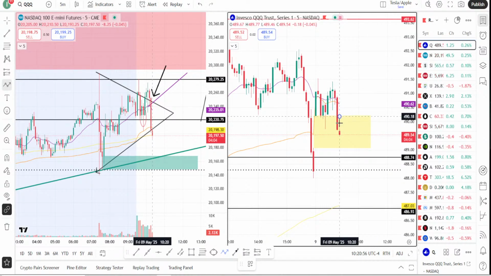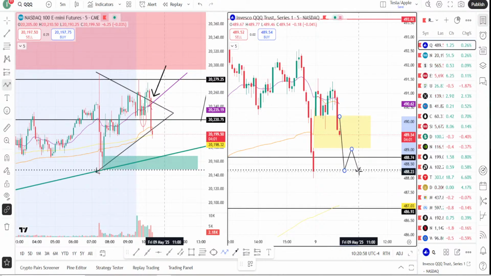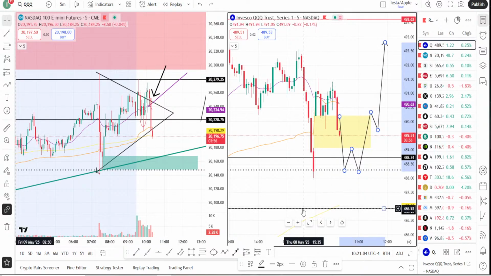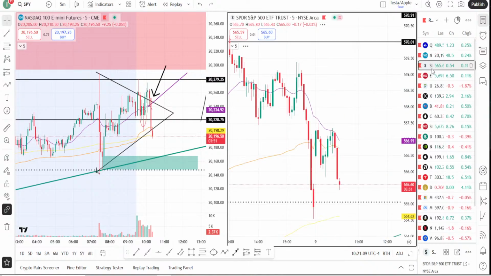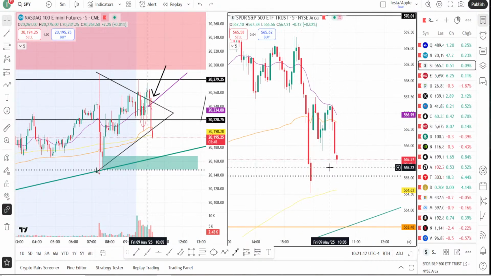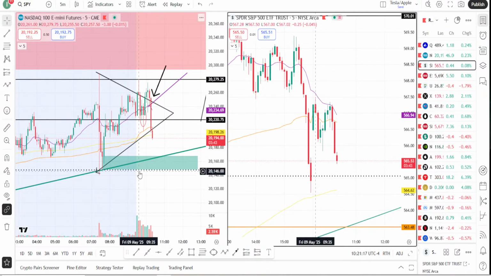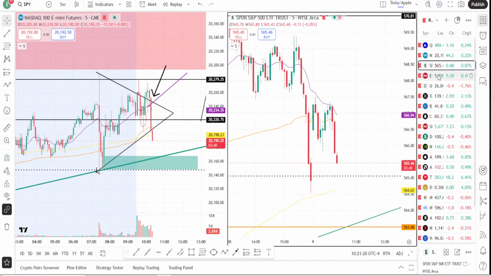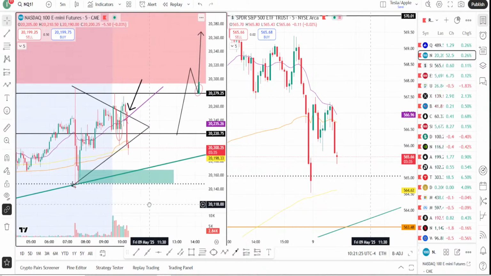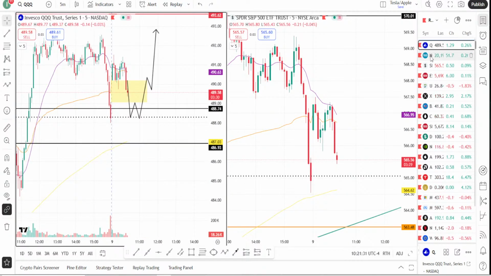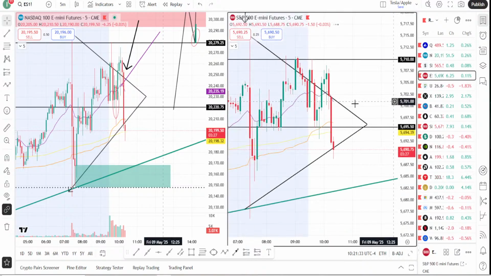Probably get something like this, come down, fill the gap, and then look for the reversal. ES already filled its gap. So if you're taking shorts, be careful. I'm going to sit here and wait. I'm going to sit here and chill, just wait for my setup, man.